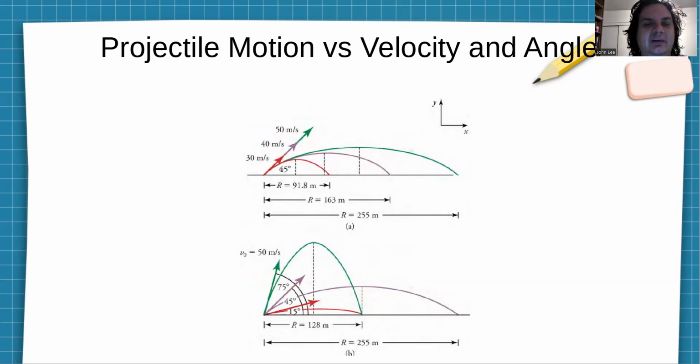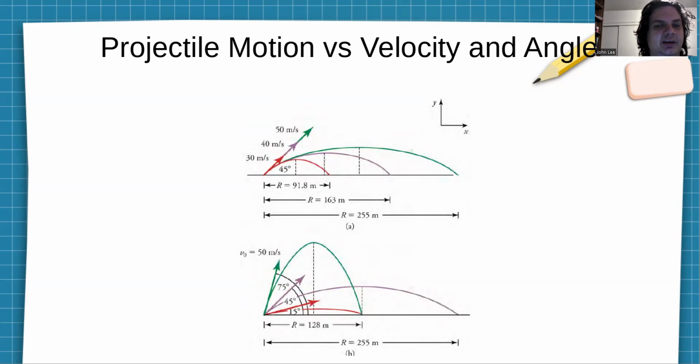And this angle that you make matters. So if you throw something at 45 degrees versus 75 degrees or 15 degrees, those are all going to change the range of the projectile.